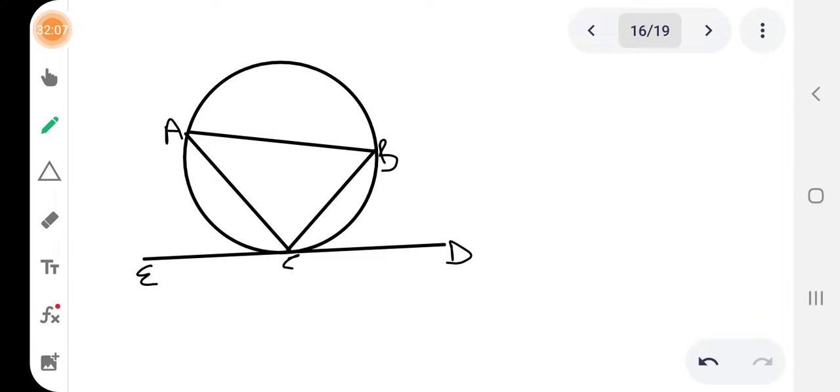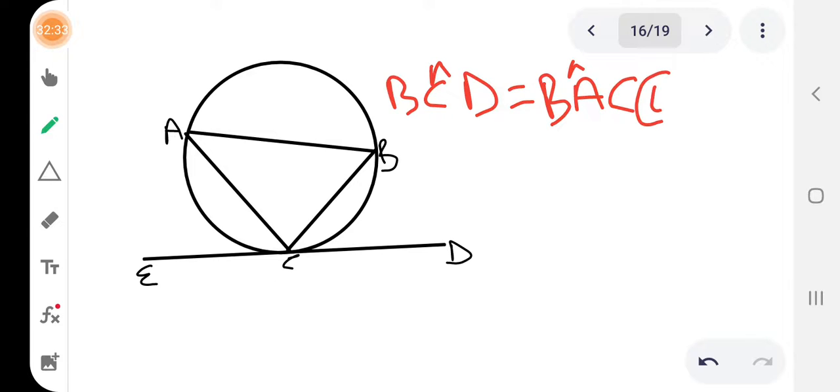Okay, so let's take you are given this one. Okay, this is theorem maybe 9, I'm not sure. So in this one, we know that angle BCD is equal to angle BAC. Your reason is tan chord. This is the tan chord theorem. We are simply saying this angle is equal to, no, not that angle.